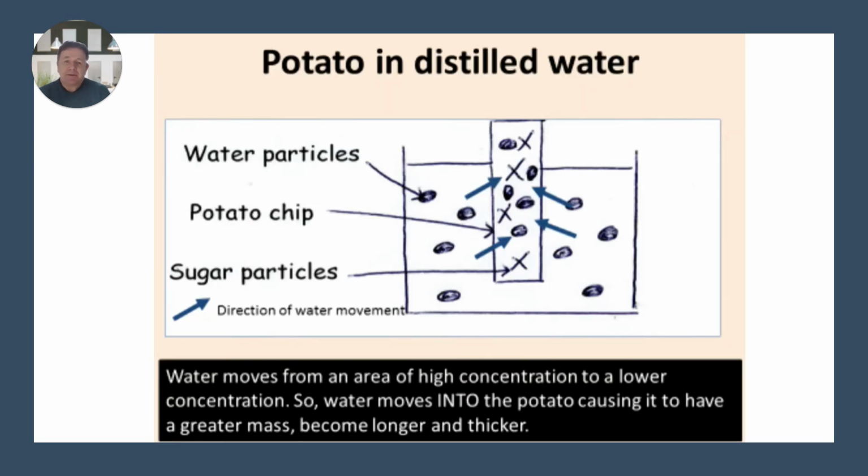So this is the kind of thing you would expect to see. What we can see here is that there's a more dilute solution outside of the potato than inside the potato. So we know water moves from a higher concentration to a lower concentration, so water moves into the potato, therefore its mass will be greater and it has a higher percentage change in mass.